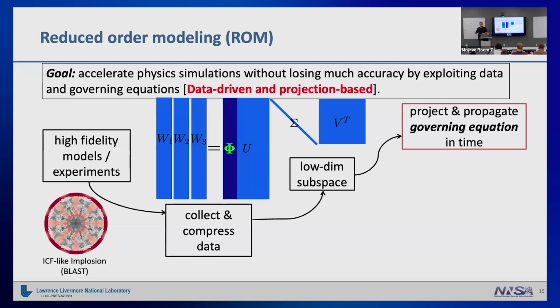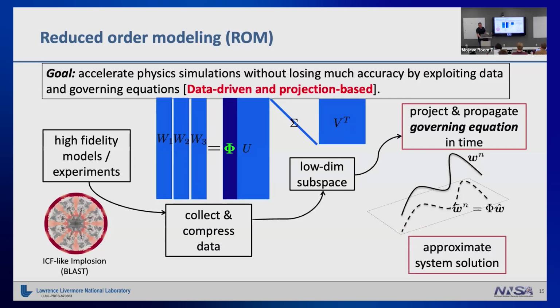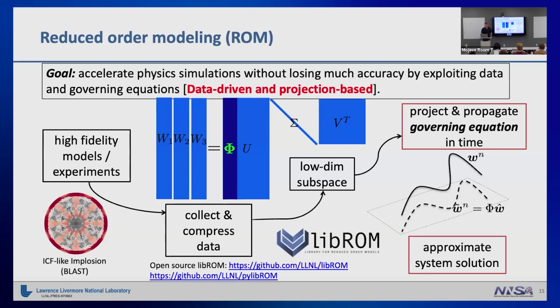For example, the finite element space might have millions of unknowns, and hopefully you use on like 10 to 100 basis vectors. So once you project to that low dimensional subspace, you can then run a simulation using the original code, but restricted to that subspace, and use an approximate solution that was attained using the original code and not some neural network. So it represents the physics more accurately.